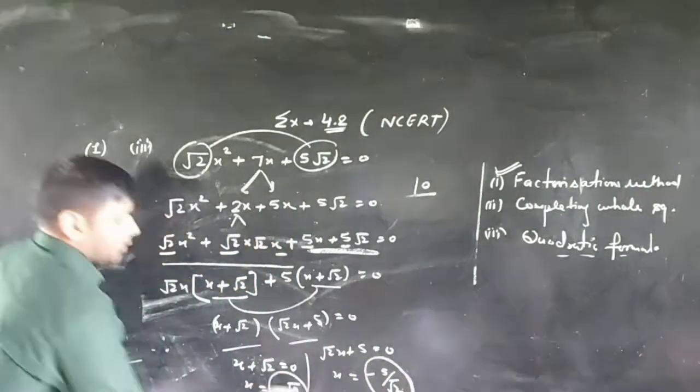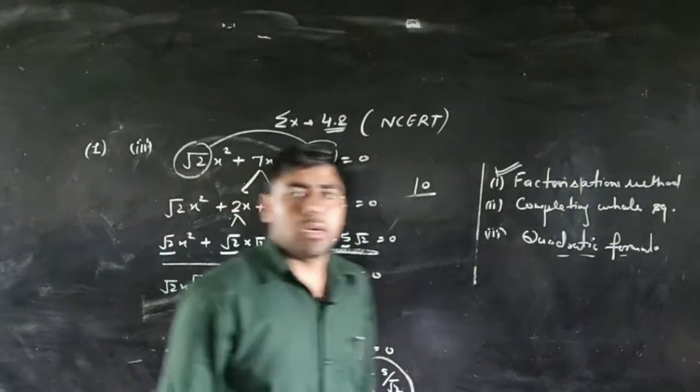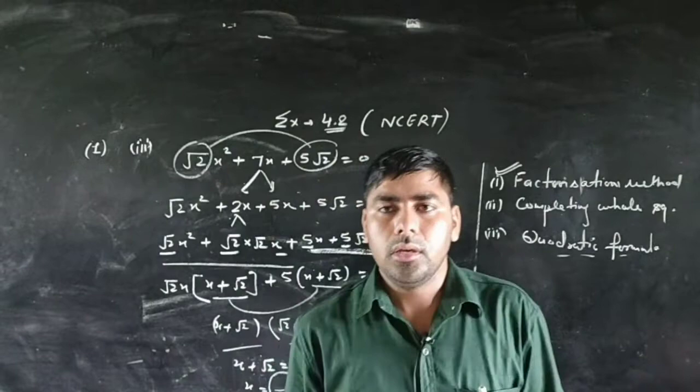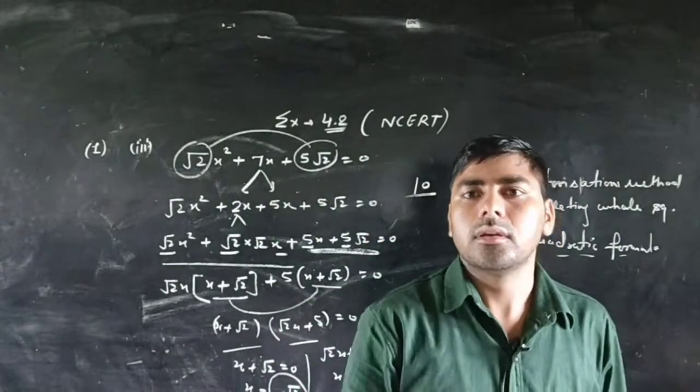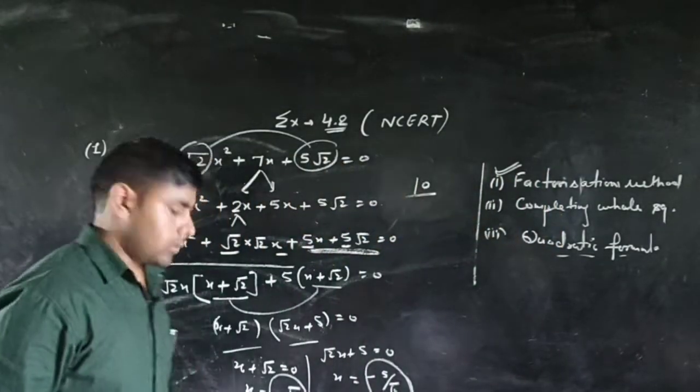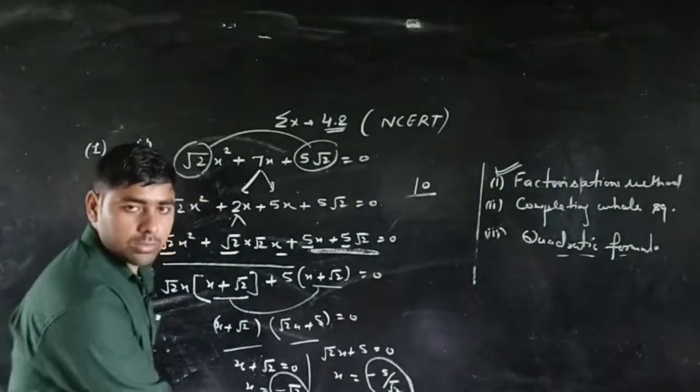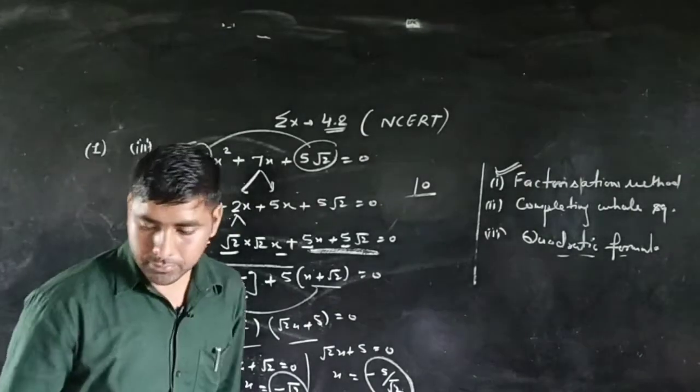These are the roots, or you can say solutions, of the given quadratic equation: minus root 2 and minus 5 by root 2.